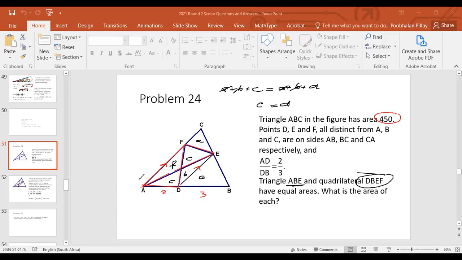And now you've got a parallel line here, right? And you have this theorem of the mean proportion, which says that when you've got a triangle and you've got a line which is parallel to the base, then the ratio of that to that is the same as the ratio of that to that.